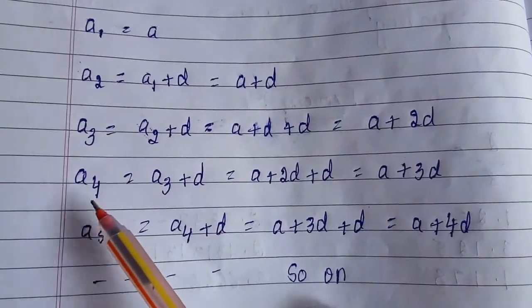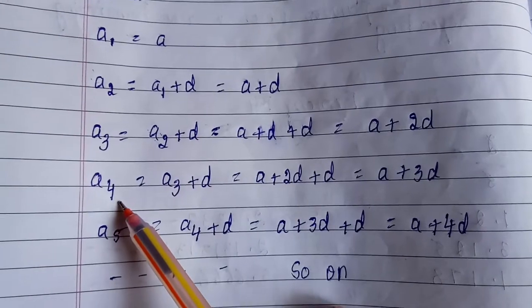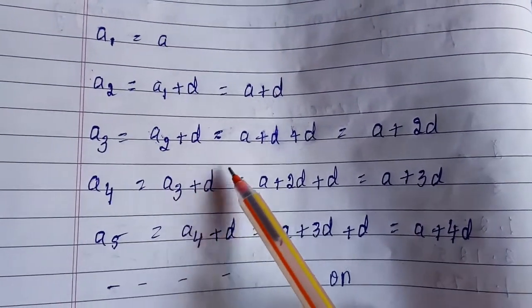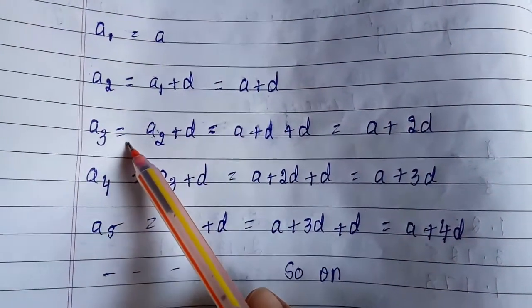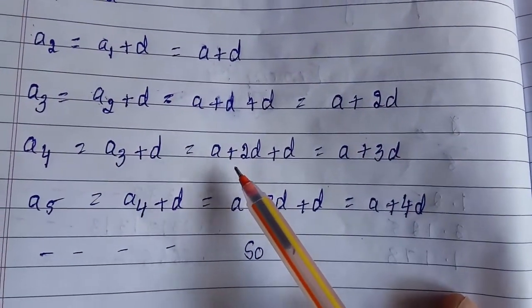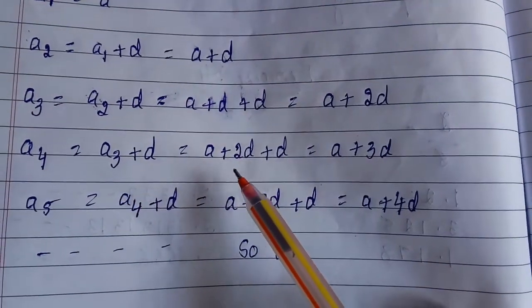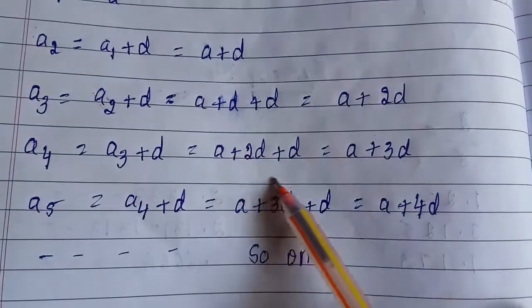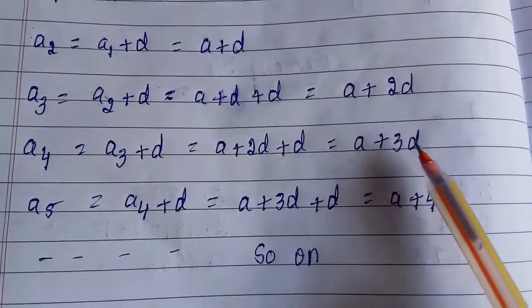So A4 can be written as A3 plus D, meaning if we add the common difference to the third term, we get the fourth term. So A3 can be written as A plus 2D, plus D, that is A plus 3D.